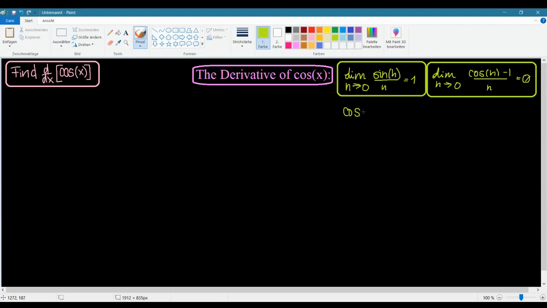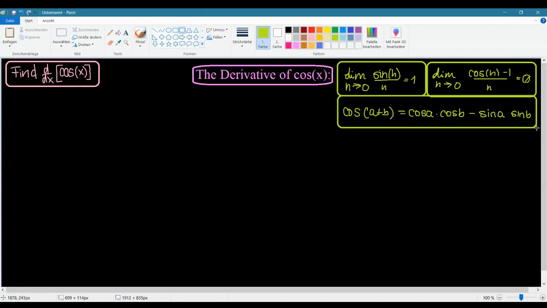Cosine a plus b is cosine a times cosine b minus sine a times sine b. That is going to be very important. You will see in just a moment why. Okay, all right, so now we have that. We're all set up for success. Let's try to get the derivative.